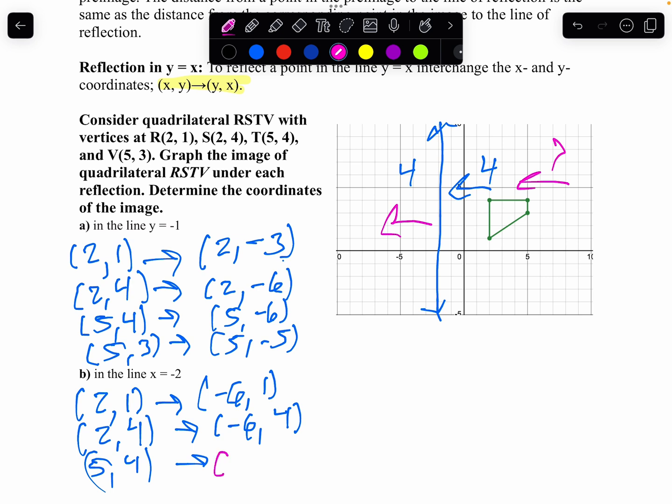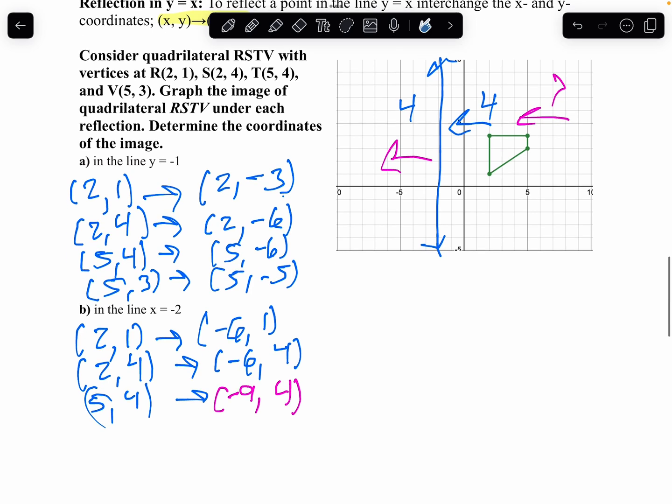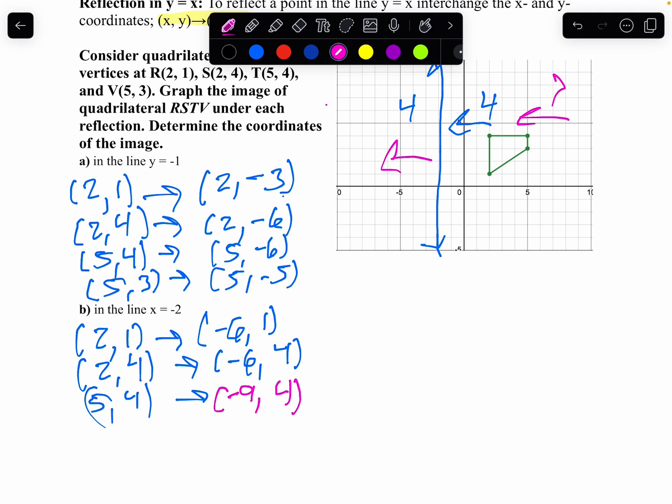So that'll be -2 minus 7 is -9 and 4. And then finally, our fourth point, we're going to take 5, 3. Well, that's nice. So that'll be -9 and 3.